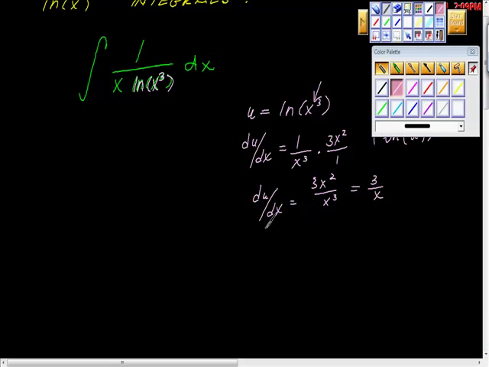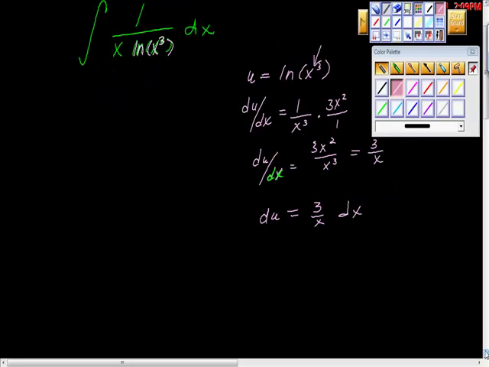So then from here, remember, I'd like to get a replacement value for dx if possible. I'd like to replace this dx up here with this dx down here, but I have to do a little work first. If you do this, you can just multiply both sides by dx, and you get du is equal to 3 over x dx, isn't it?